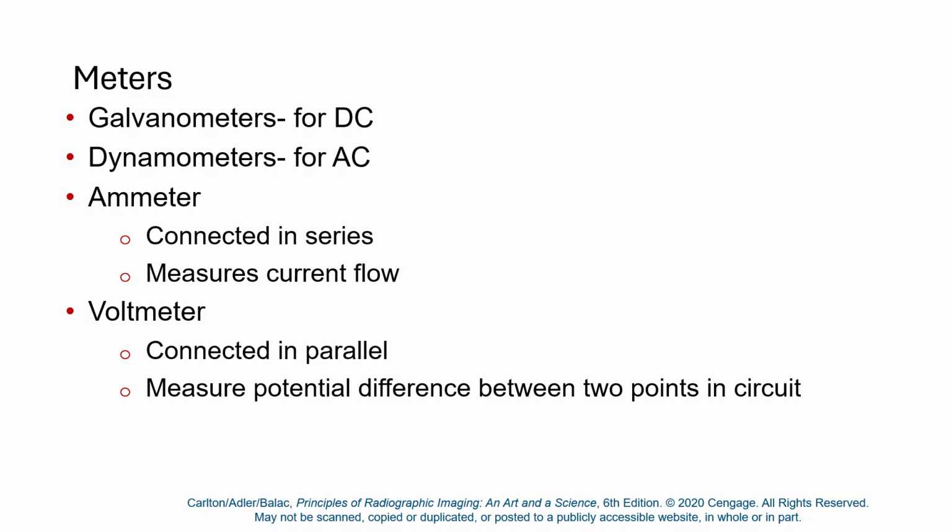So whatever we read on the ammeter wired in series to the X-ray tube, where there's only one pathway between the X-ray tube, the power supplies, and the ammeter, and the electrons must go through that pathway, then we get an accurate estimate of the tube current. So ammeters are wired in series because current is constant in series.